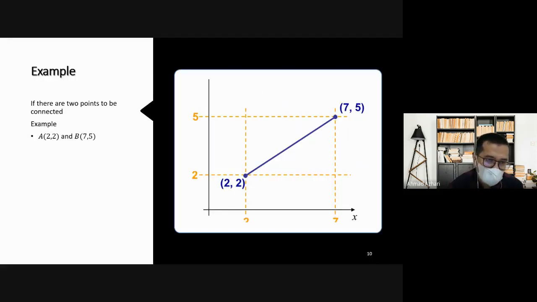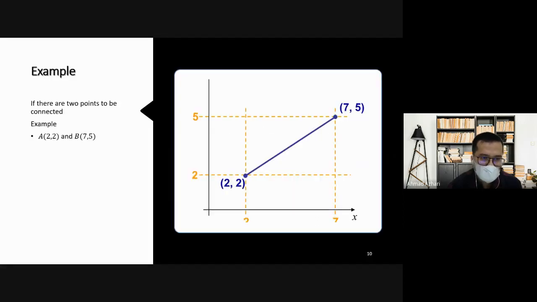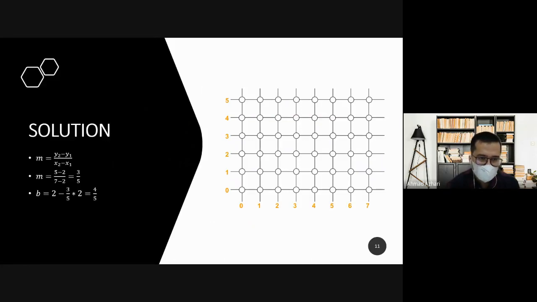This is x1, y1, and x2, y2. So y2 minus y1 is 5 minus 2, and x2 minus x1 is 7 minus 2. So it will be 3 divided by 5.